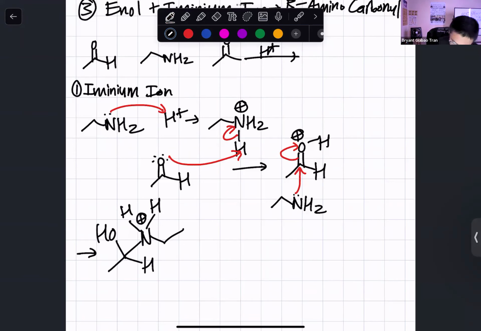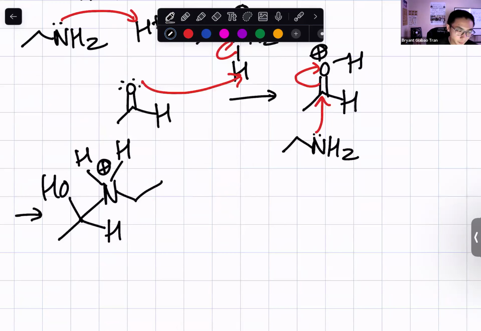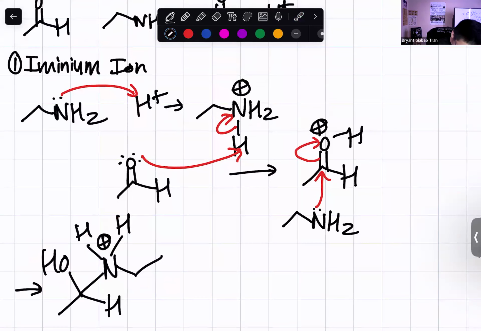Now, once we have the tetrahedral intermediate, this is where I do my proton transfer step, where I deprotonate the group that I want to keep and protonate the group I want to kick out. I'm going to do that by using another amine, because we have a lot of amine in excess in the environment, to deprotonate that.